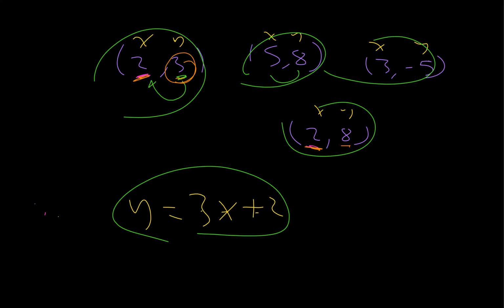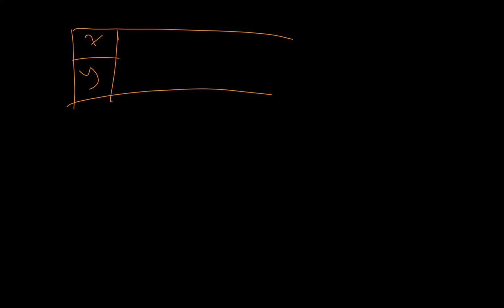Okay, if I have a table now, let me give you another example. These x and y represent the same kind of pairs, but I draw them in a table. If I have here 1, 2, 3, and here 3, 5, 7.